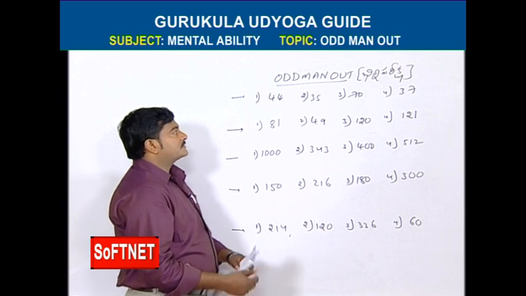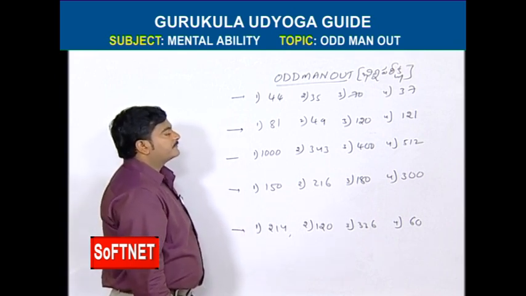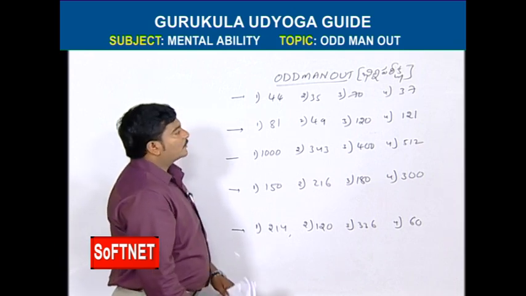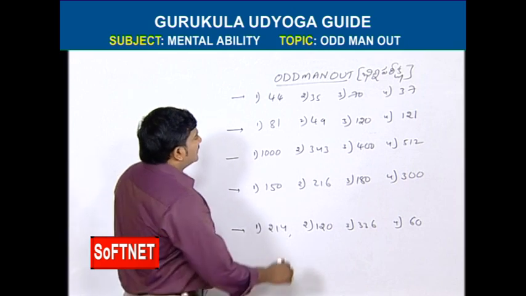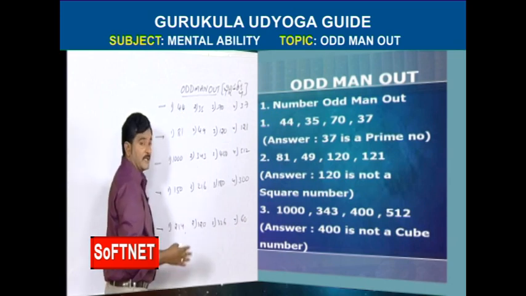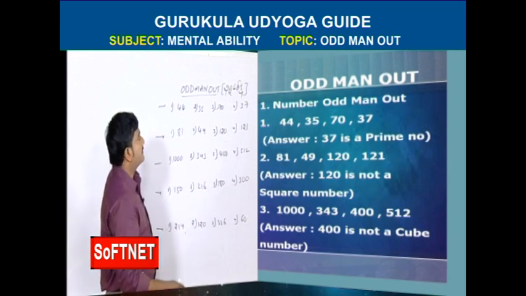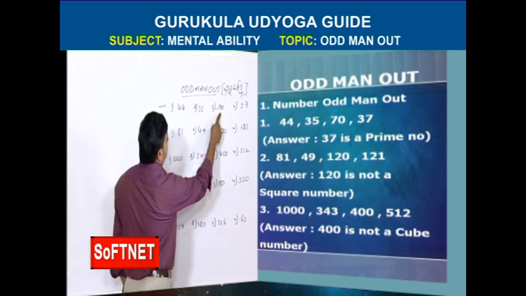See, let us see the first question. 44, 35, 70, and what is given as the fourth one? 37 is given. One thing is clear here, 44 is an even number, but the concept is 44, 35 and 70.